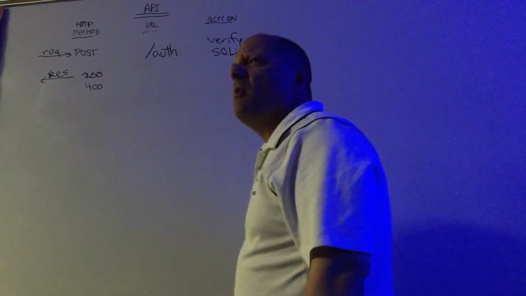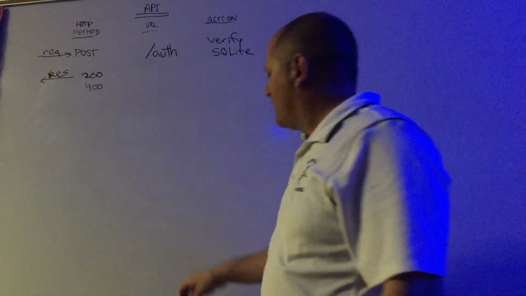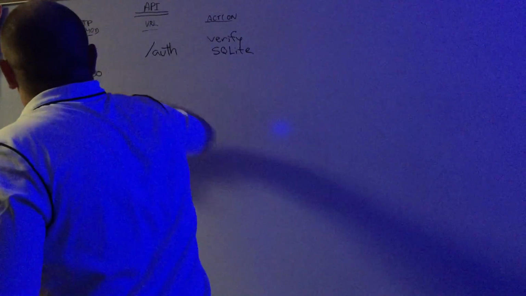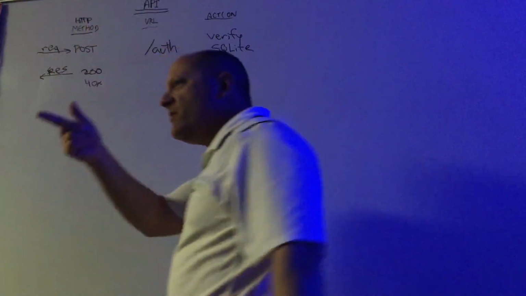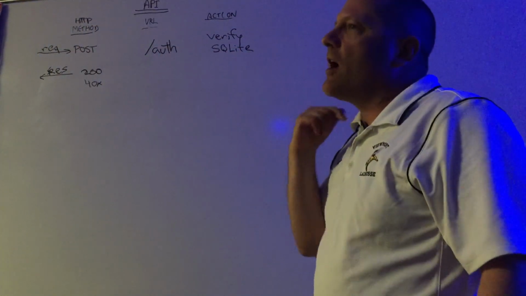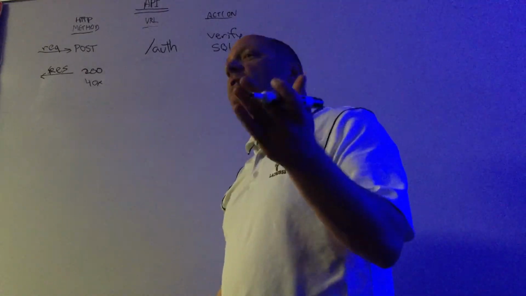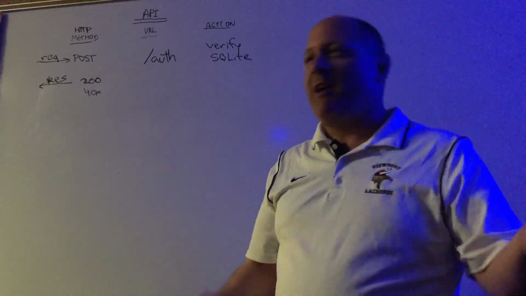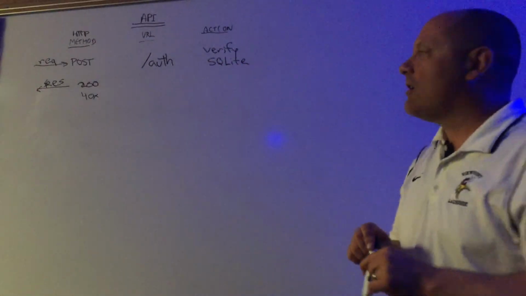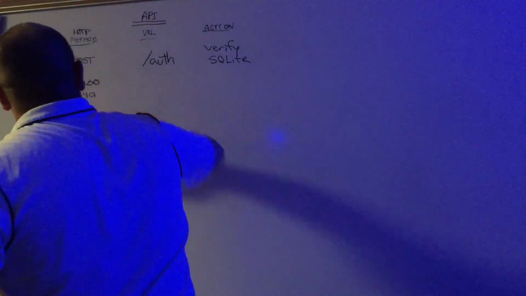Is it 401 or is it 400? I think it's 403 or 404, something like that. Till we know for sure, we'll do X. I know where to find the list, which is the secret to success: knowing where to find the right answer, not knowing the right answer, because there's just too much in computer science now to know it all. So unauthorized is 401. Yeah, that's the one.